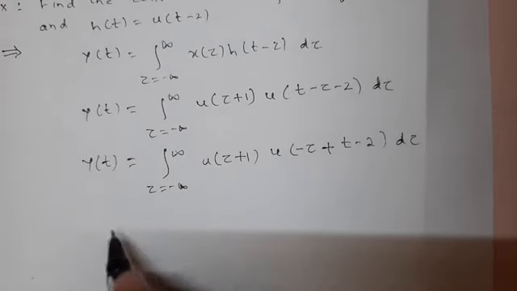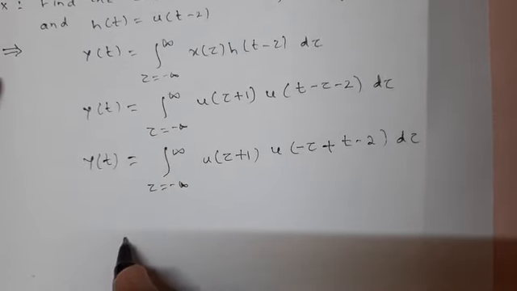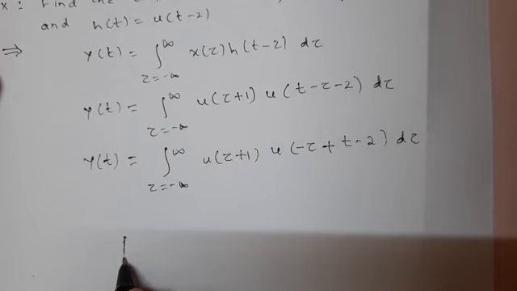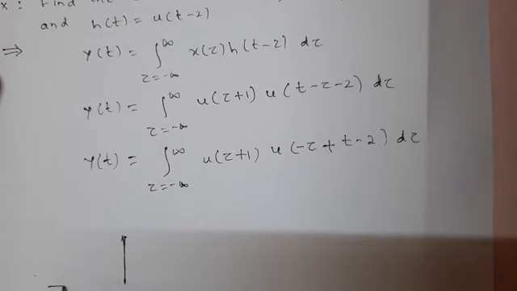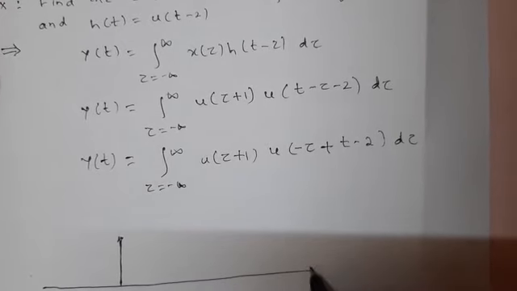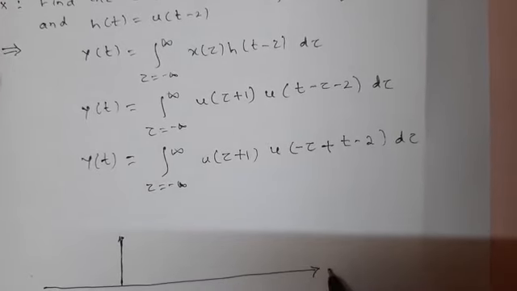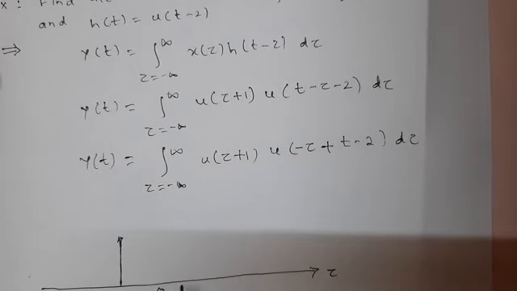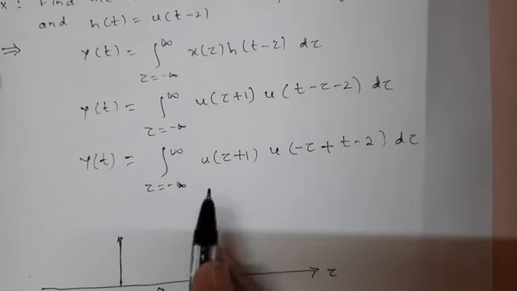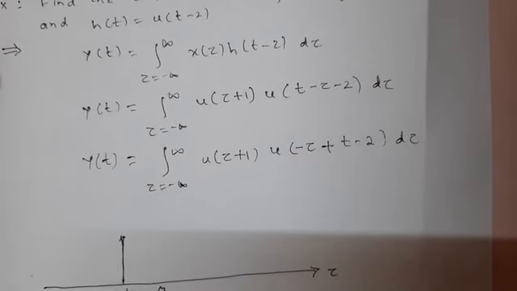It is tau plus 1, right? Since it is a continuous time system, I need to represent it on the time axis tau. If it were simply u of tau, it would have started at 0, but it is u of tau plus 1, which gets shifted towards left.